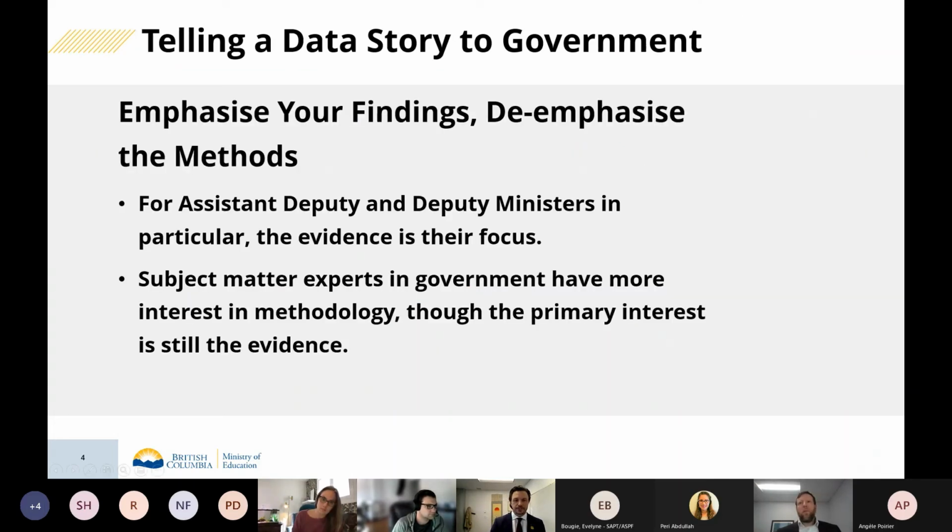Kind of emphasize this as well: focus on the findings, de-emphasize the methods. When coming in as social scientists, experts, statisticians, there's almost an embedded trust that your method is sound, that there are no surprises, that you're not going to trip anyone up at a later date and be unrepresentative of what you're doing.